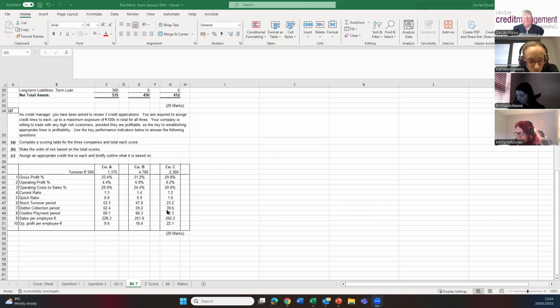So 0 for the best and 1 for the middle and 2 for the worst. So you just slot in those figures to get a scoring system. There will be a very similar question on the exam paper to that. It'll be a similar table, and you have to score it 0, 1, 2, or 1, 2, 3, whatever you want to do.